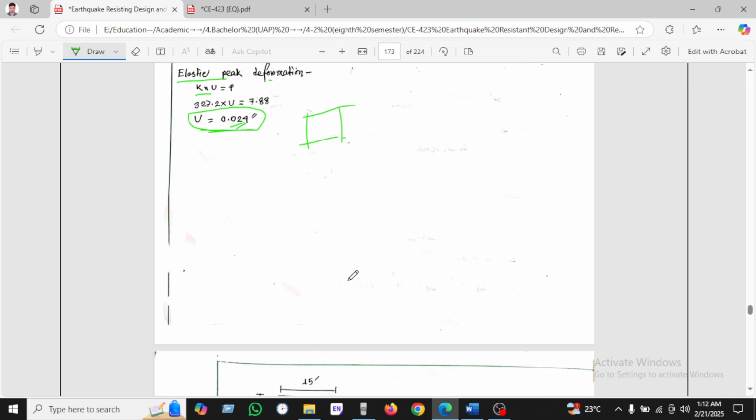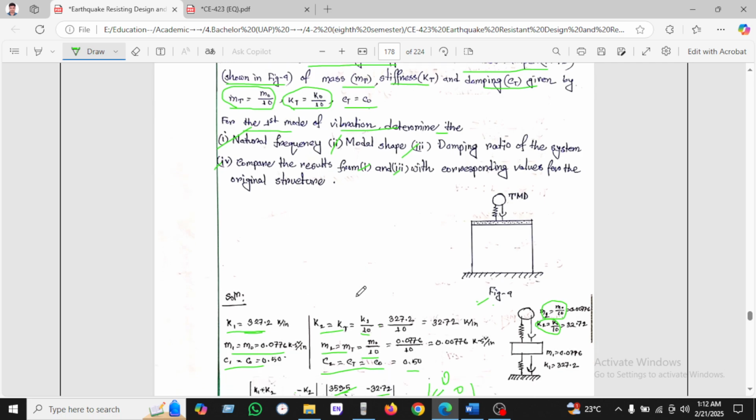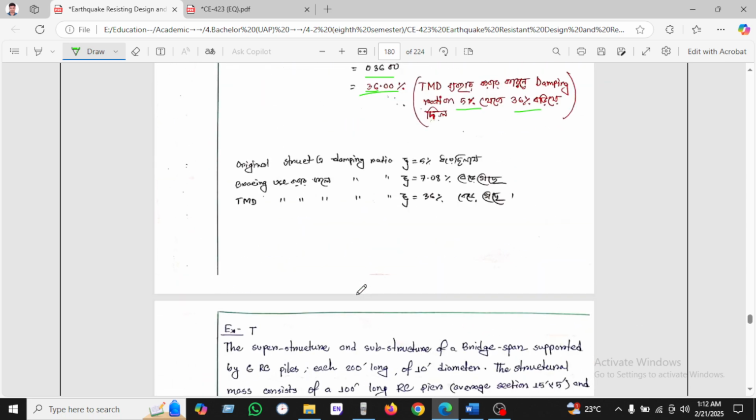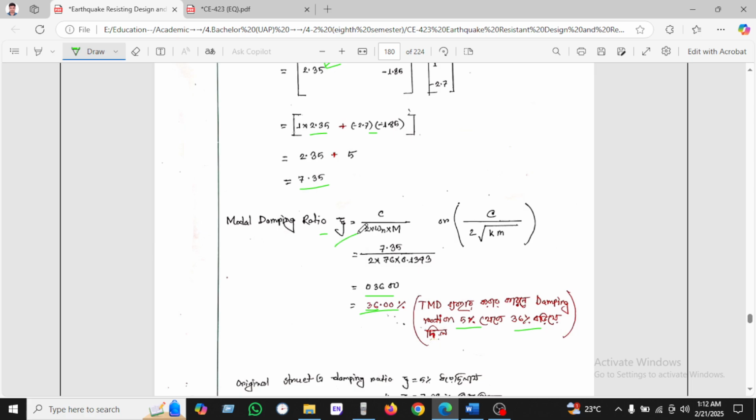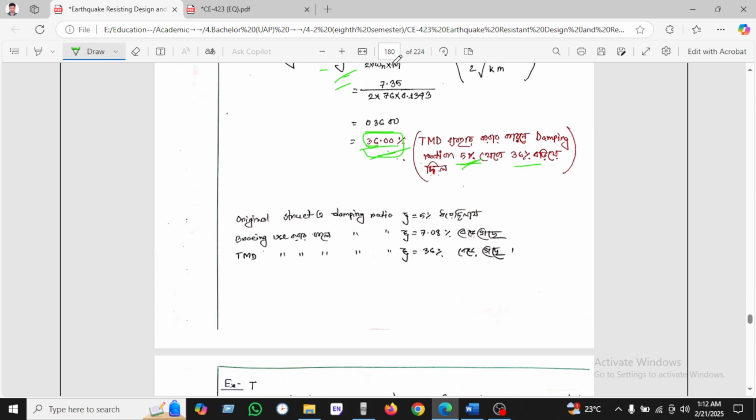Psi is 0.05, and we are using C. The value of psi is now 36%. The psi was 5%, and now it is increased to 36%.